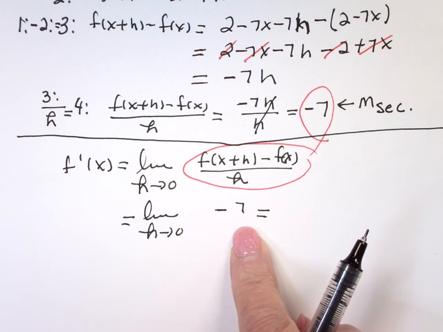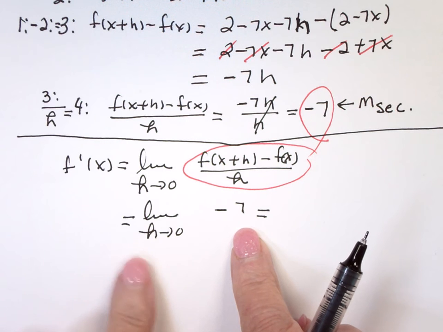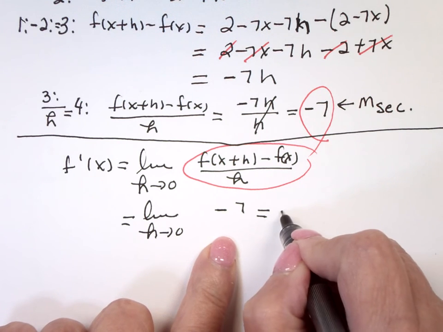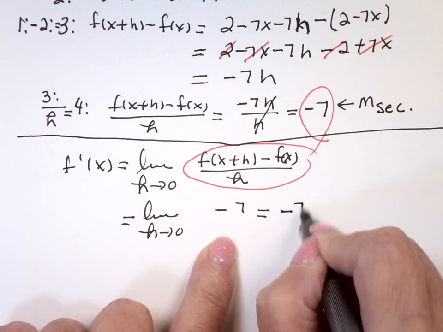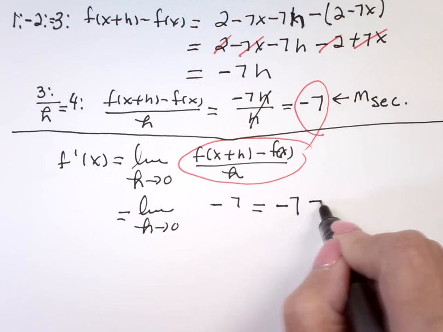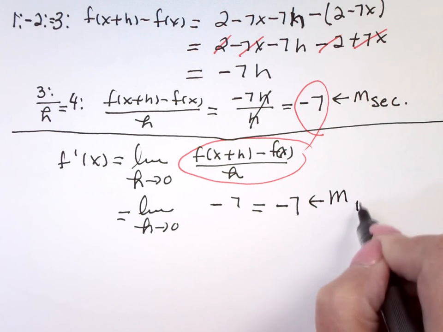Does h change it? H can't change it if it's not there. Negative 7 is a constant. Constants don't change. So the limit as h goes to 0 of negative 7 is negative 7. So this is also the slope of the tangent.